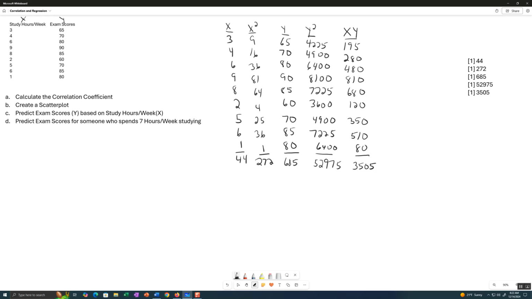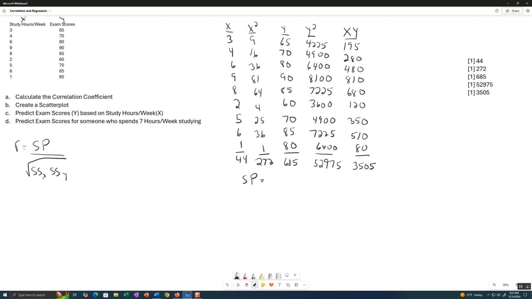Now we're going to do the correlation. So correlation, I need to find the SP value on top. So correlation R is equal to the SP value, which is the sum of the products of the deviation scores, over the square root of the sum of squares X times the sum of squares Y. So let's find the SP value.